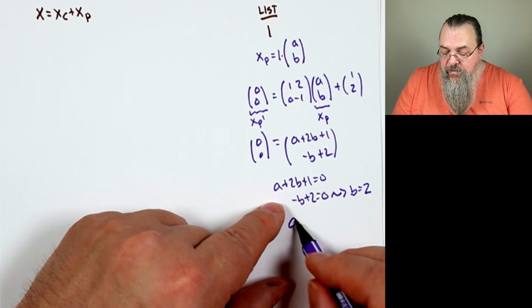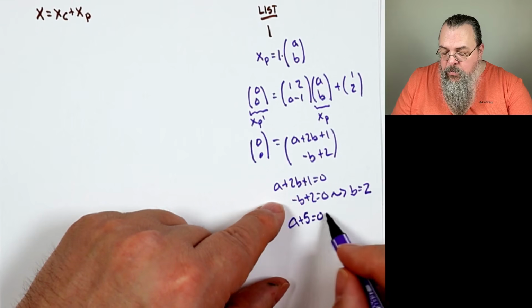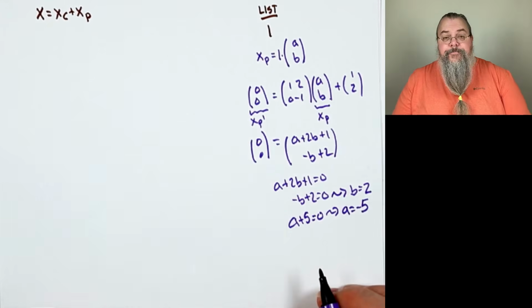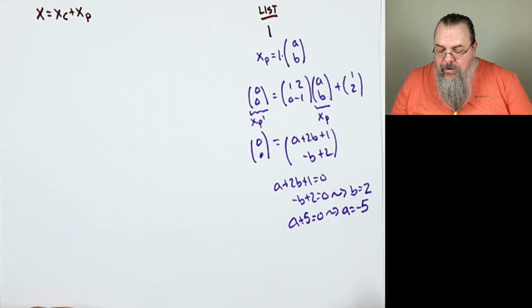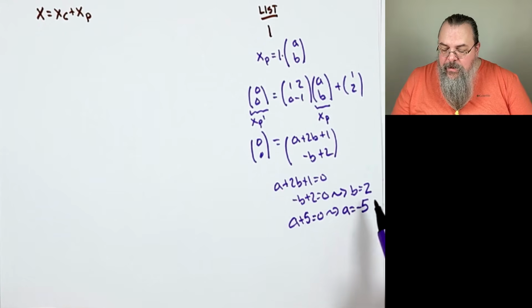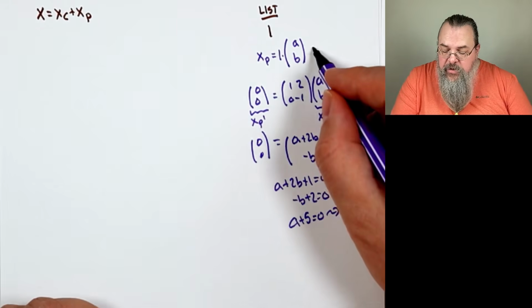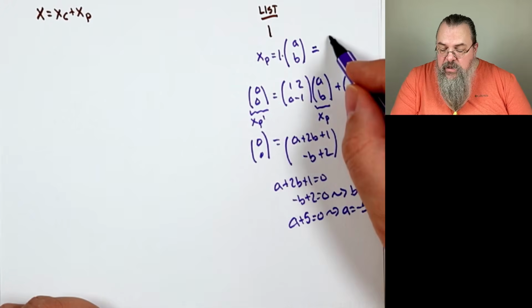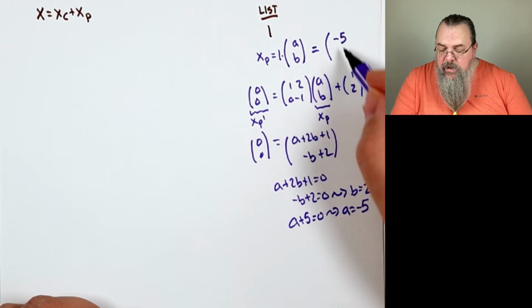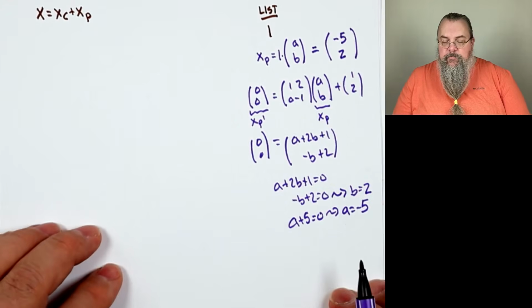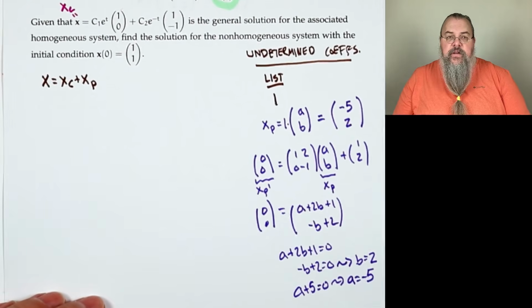So a plus 5 equals 0, which tells us that a has to be negative 5. All right, good. Now we know b and a. So we can come back up here and say our particular solution is negative 5 for a and 2 for b.